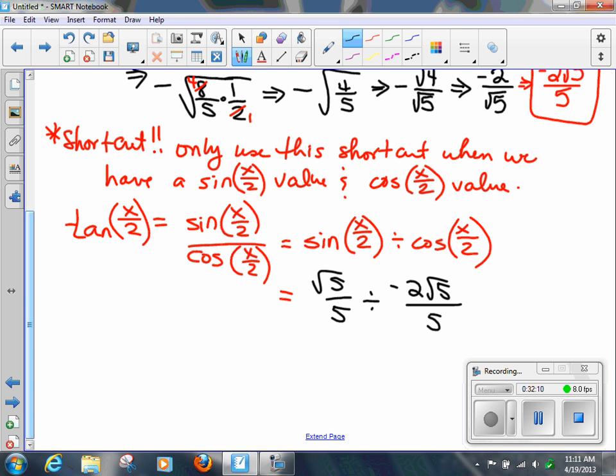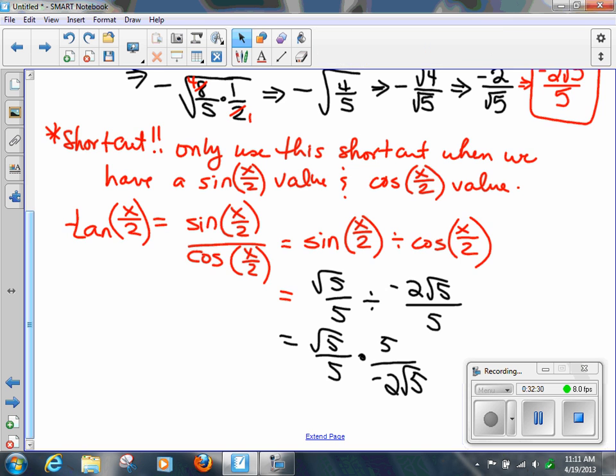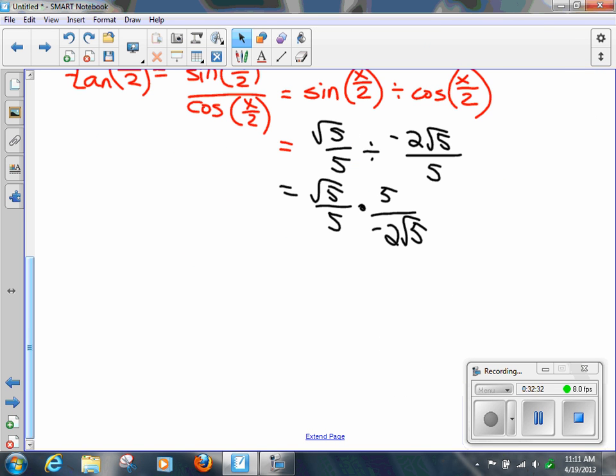If you want to use that other shortcut, I'm not banking on that. I will not take that gamble. All right, so I'm going to multiply by the reciprocal. And then, if you know how to multiply fractions, what's going to happen? My 5's cancel.